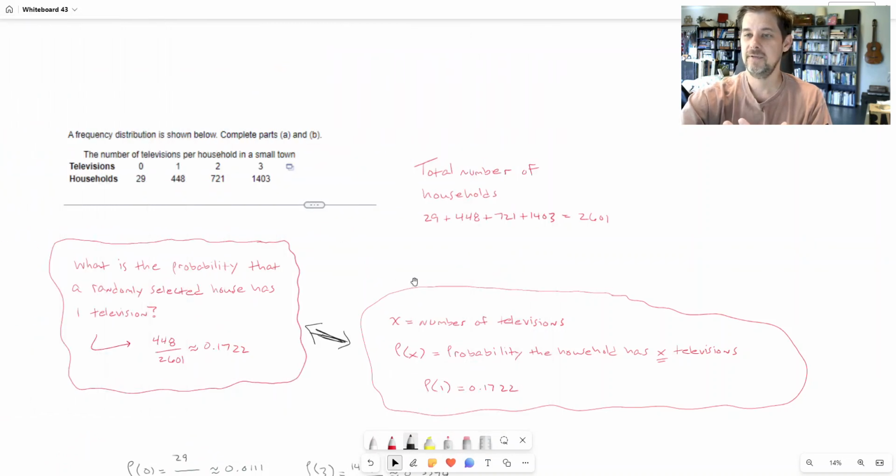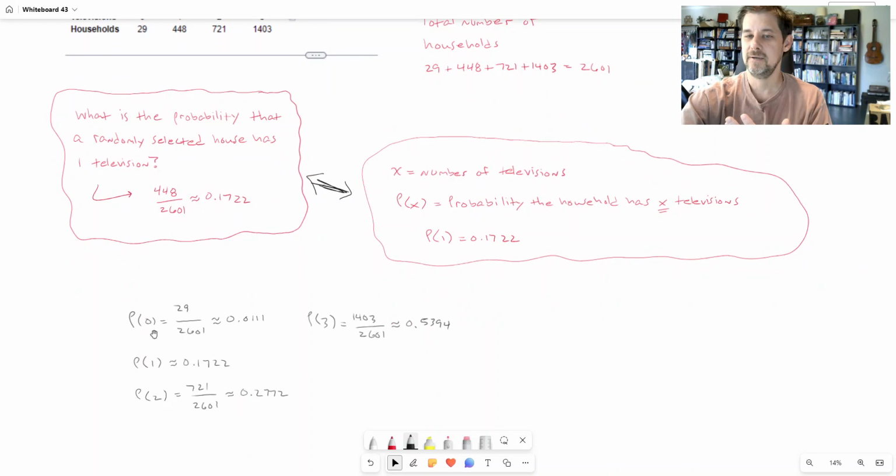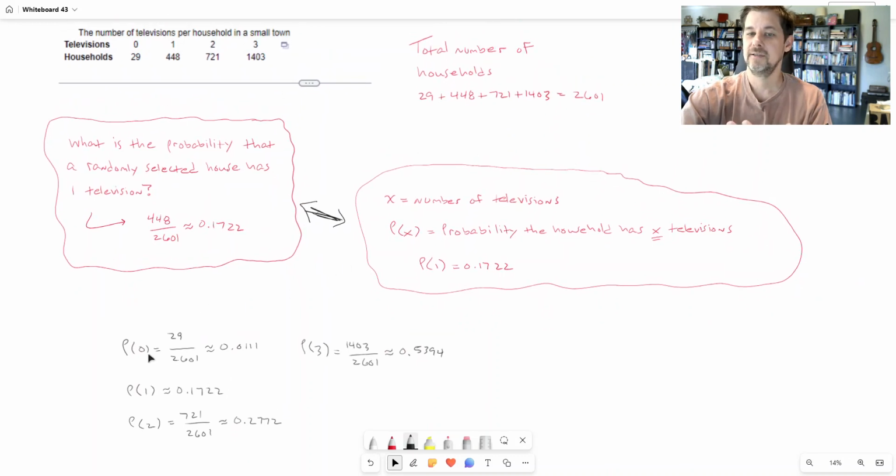Okay. Now I've done the math already. So for example, the probability that a random house has no TVs in it, that'd be 29 over 2601. Probability that it has 2 TVs, 721 households in the sample have 2 TVs over 2601 total, and so on, and I get all these decimals.